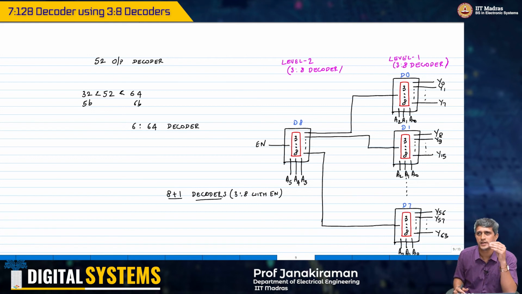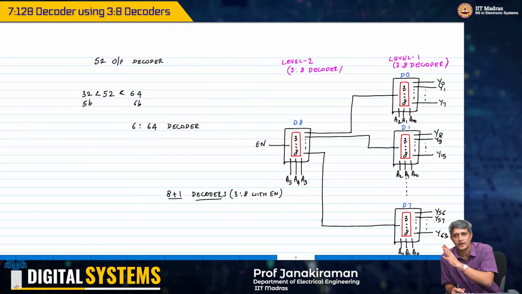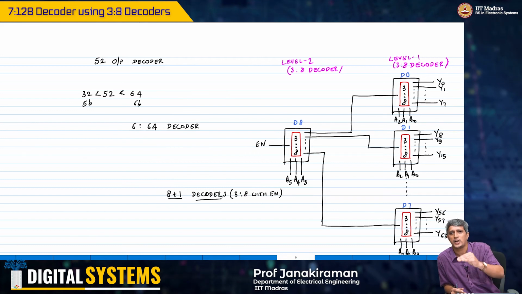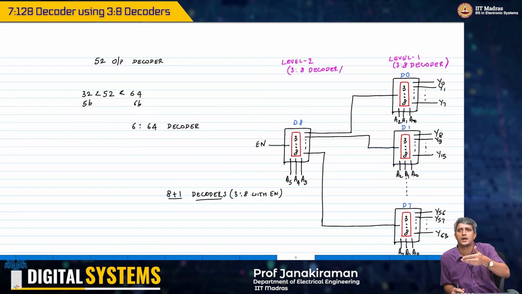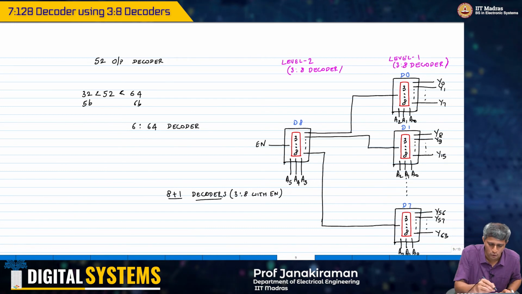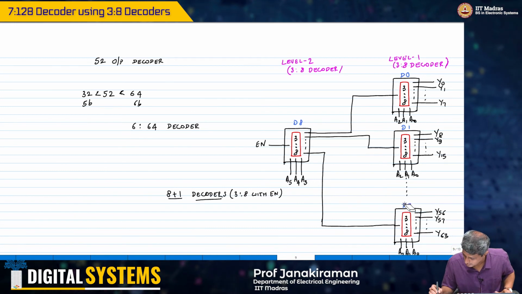So, instead of putting 8 decoders D0 to D7 at the output, I would put only as many decoders as needed so that I go up to 52. 7 8s are 56, and therefore, instead of going up to D7, I will go only up to D6.